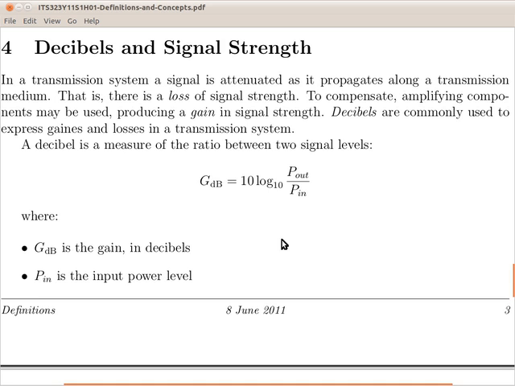This is the gain of our communication system. It's got a negative gain. What does that mean? It's a loss. A negative gain is a loss. A negative loss is a gain. So we could say that the loss in our communication system is 30 decibels.